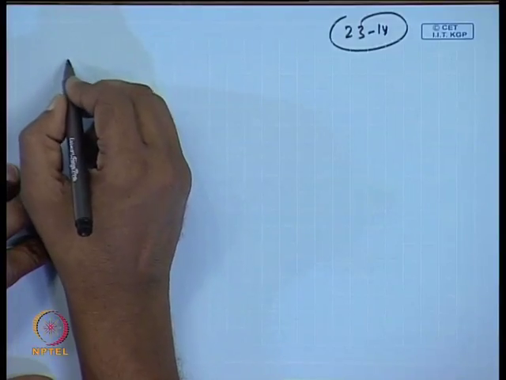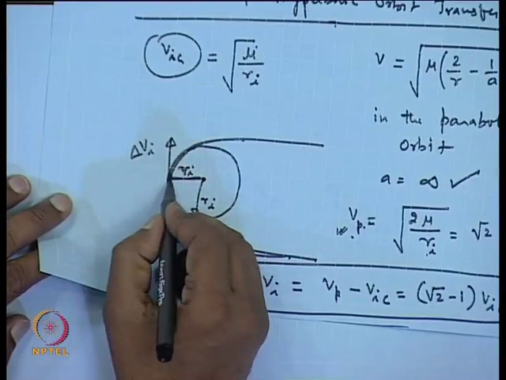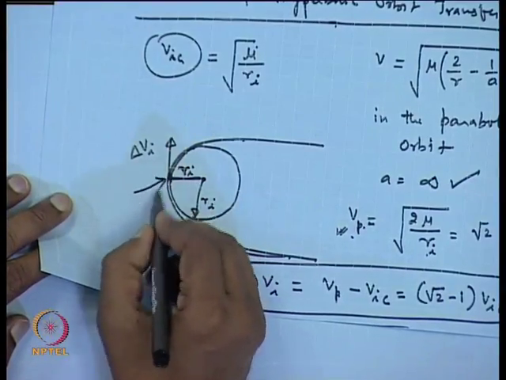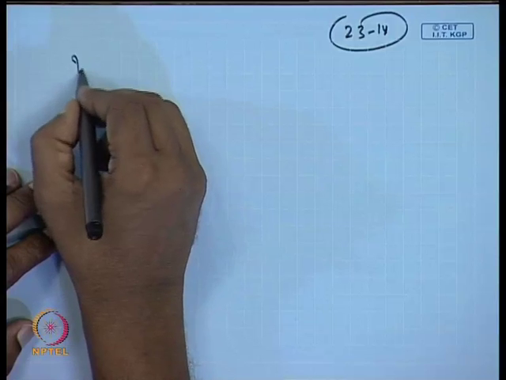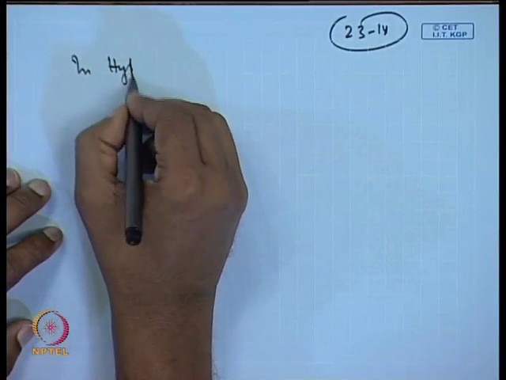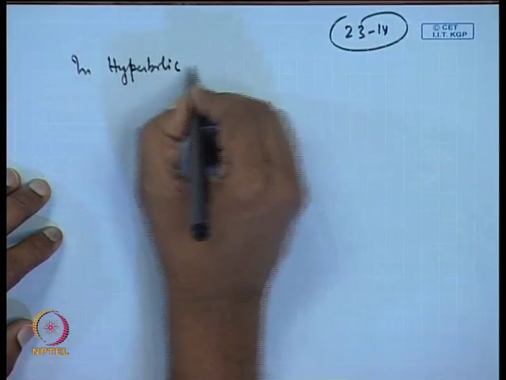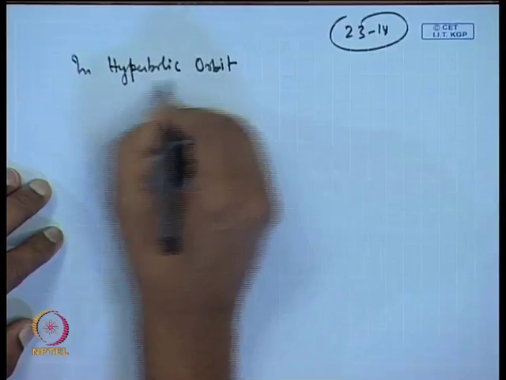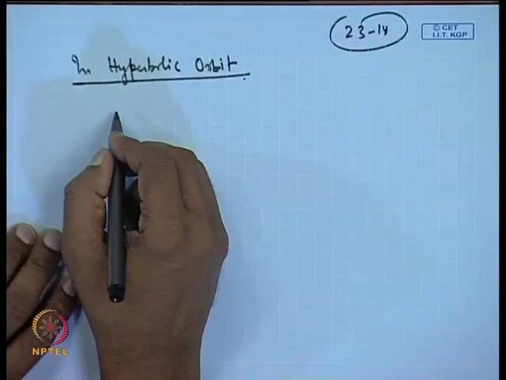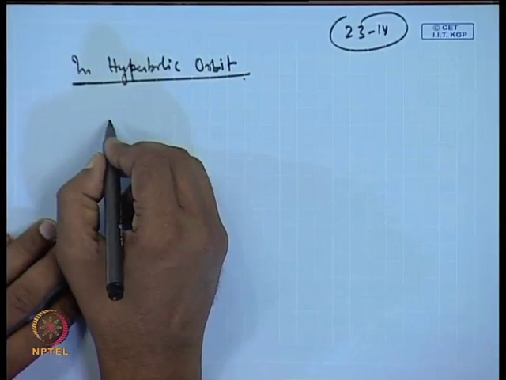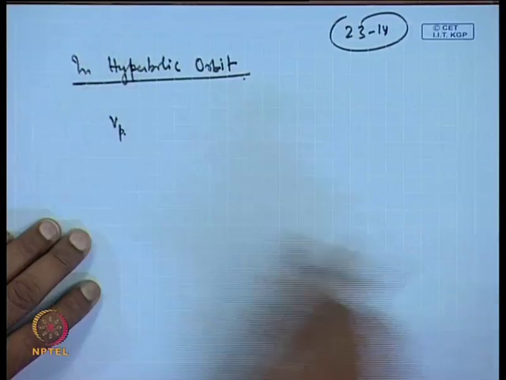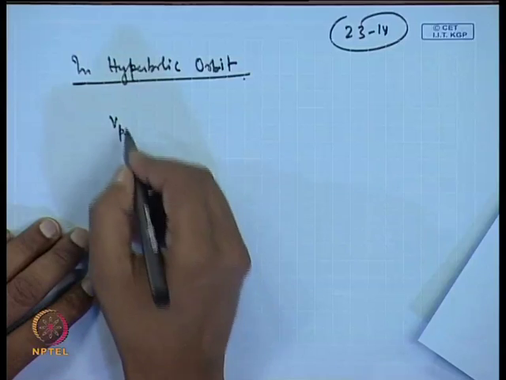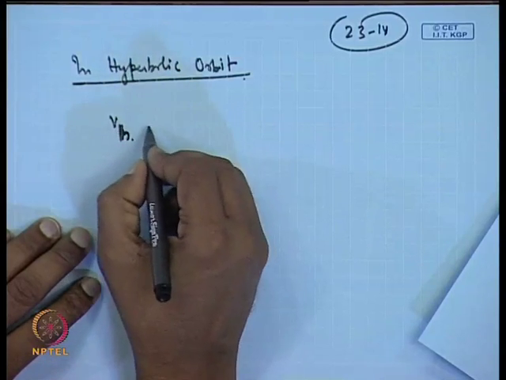So, for the hyperbolic orbit, and this is the perigee point here. So, in a hyperbolic orbit, we can write the velocity at P. Here we have written V_P for the parabolic orbit, so we will write here V_H.